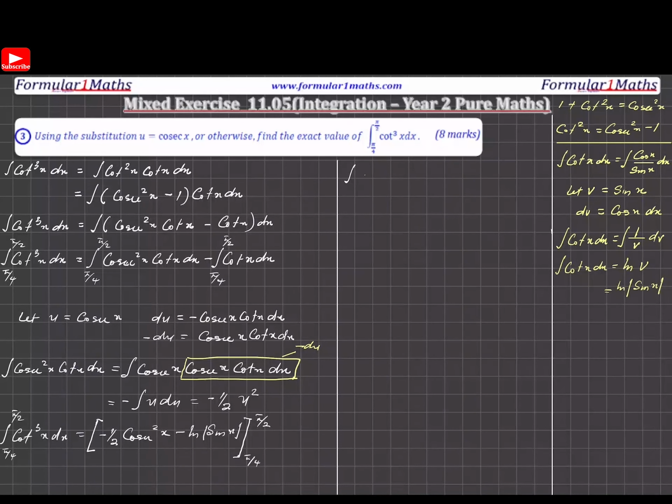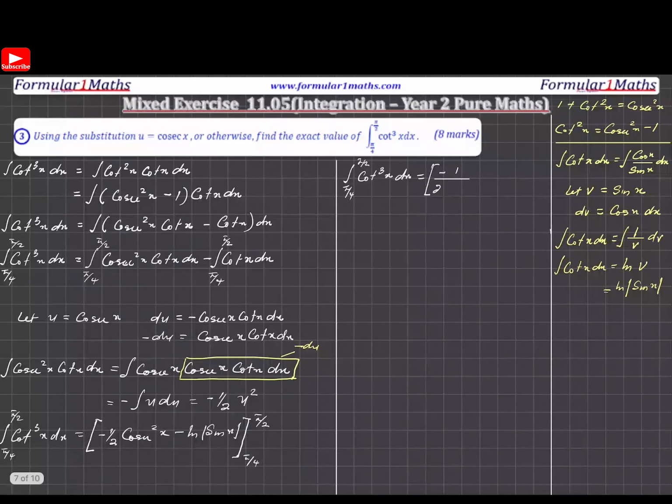The integral of cot cube x dx between pi on 4 and pi on 2 will be equal to minus 1 over 2 sine squared x minus ln sine x between the limits of pi on 4 and pi on 2.